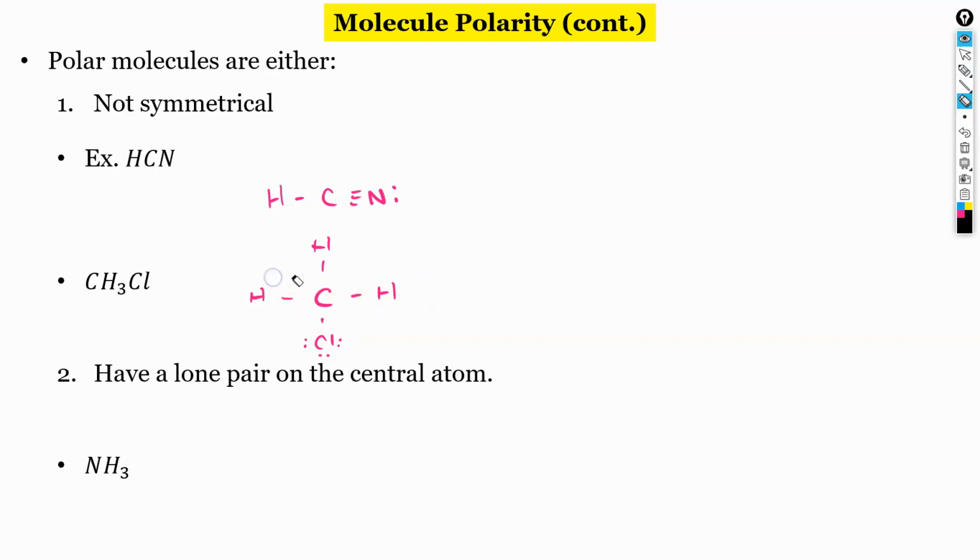Okay. The other thing that you might run into is a lone pair on the central atom. So the example here is NH3. So we have hydrogens all the way around. Okay, so you might want to think that it's nonpolar, but we have a lone pair on the nitrogen here. So with that lone pair, this becomes a polar molecule.